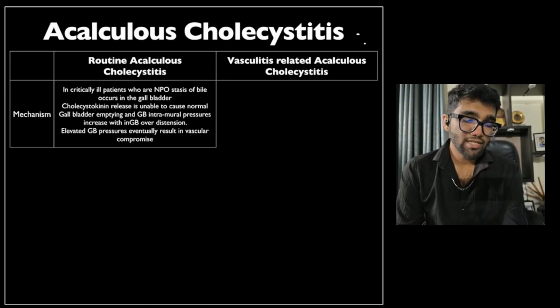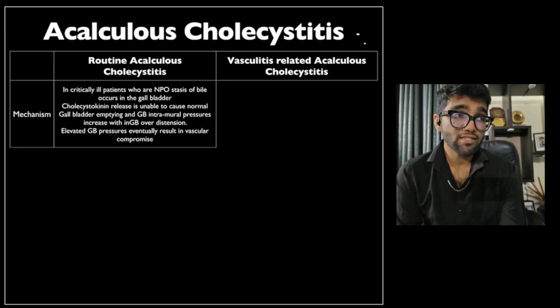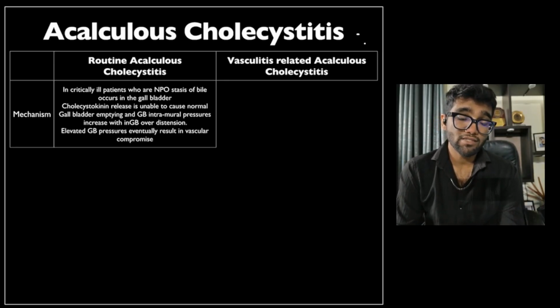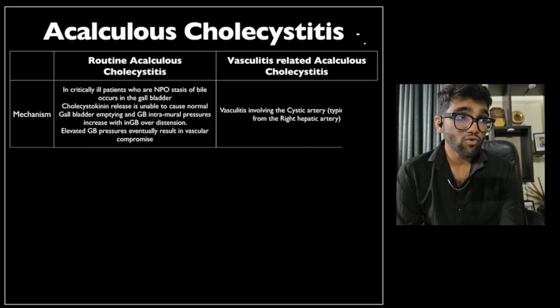Without it, the gallbladder is too full and does not empty appropriately. When it contracts, the gallbladder pressures rise, and that eventually results in a loss of blood supply to the gallbladder, eventually causing gallbladder necrosis. This is managed conservatively.